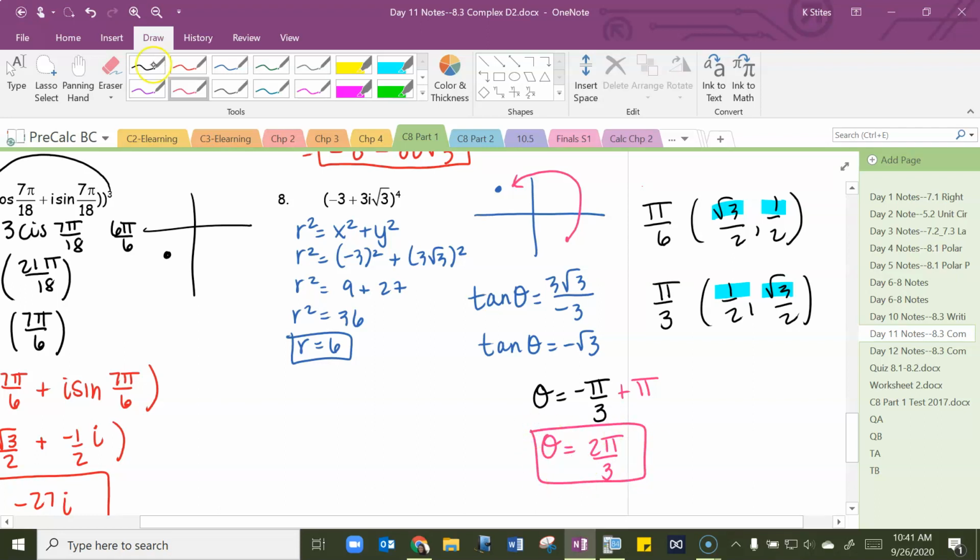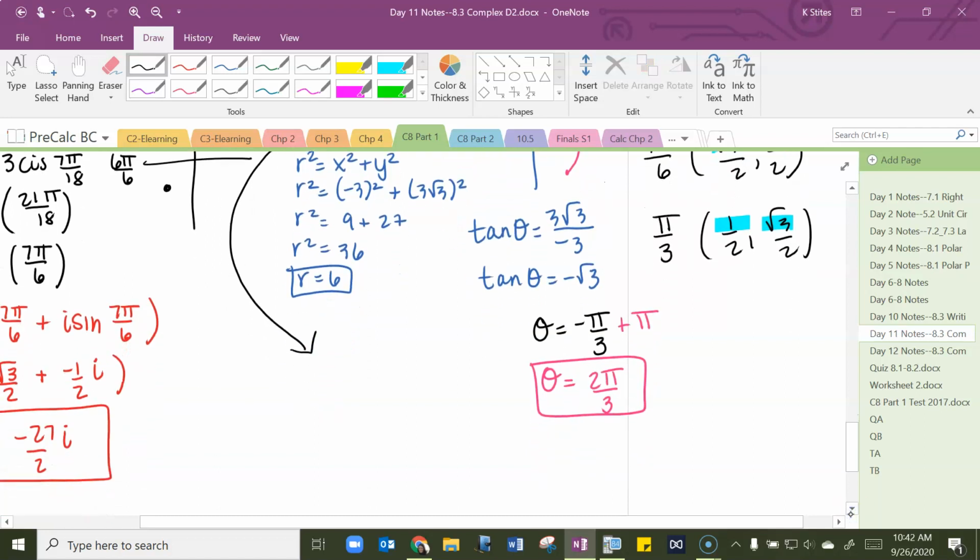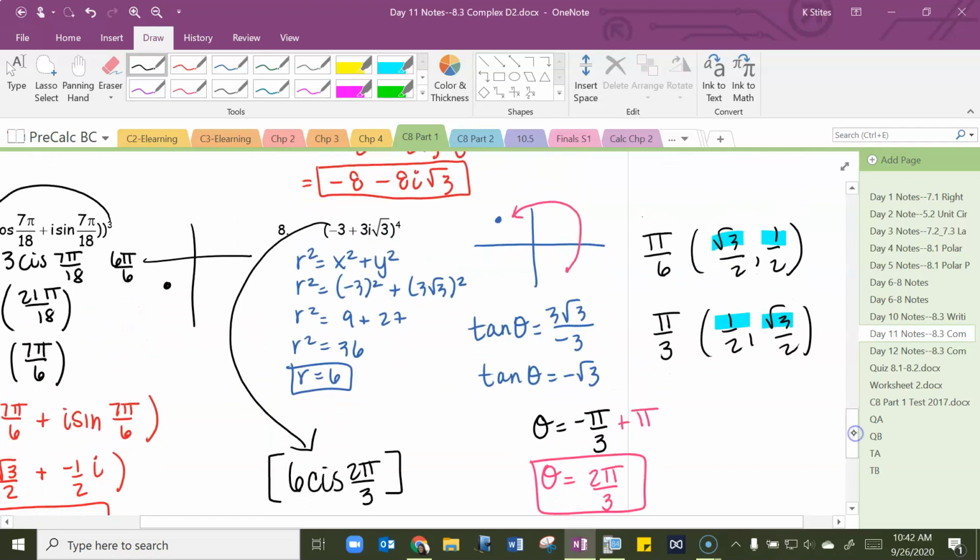What we are now able to do is write this problem in complex polar. This was complex rectangular. I want complex polar. So now I have 6 cis 2 pi over 3, and I am taking that whole thing and raising it to the 4th power.